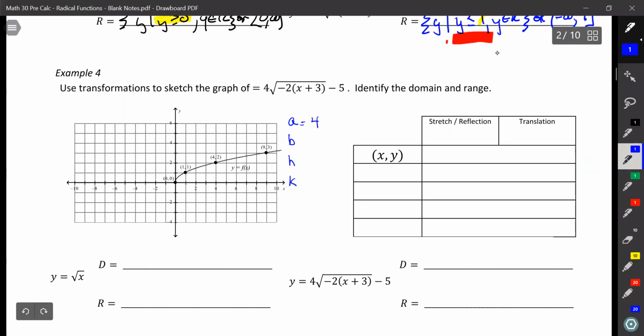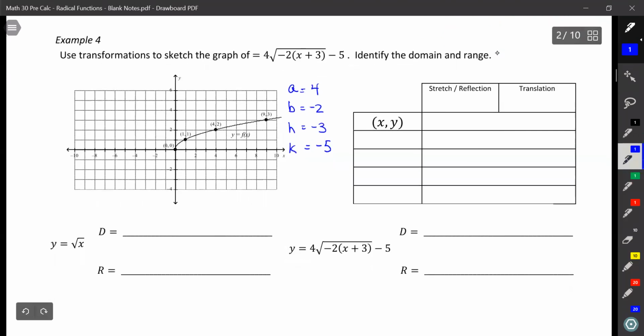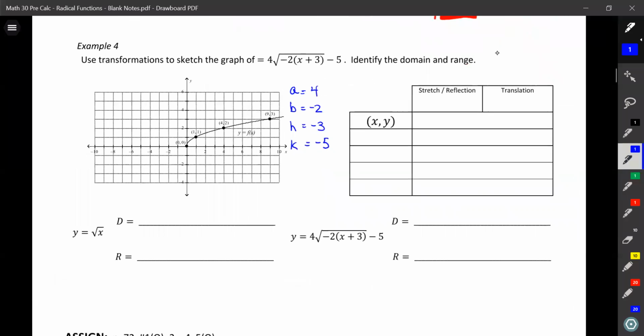A is 4, b is -2, h is -3, and k is -5. Now, I'm going to go ahead and do the domain and range before we even graph it, because we can. So the domain on the base graph, we already know, is 0 to infinity.